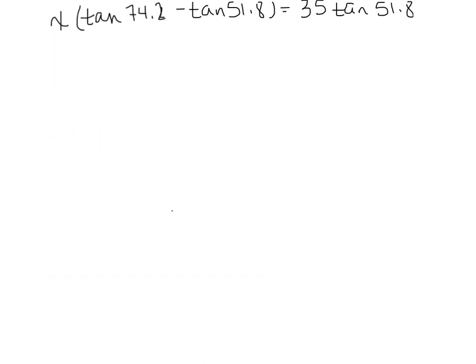At this point, I'm nearly done. The thing that's difficult to recognize is that you are now multiplying X times this whole piece. So in order to isolate X, I actually need to divide by everything in parentheses here on the left-hand side. When I do that, my numerator becomes 35 tangent 51.8.